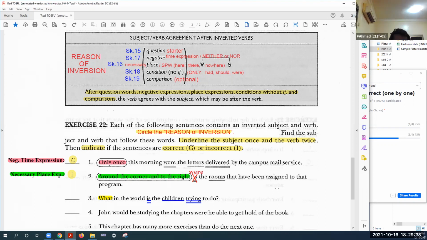So yes, it is incorrect. How do I fix it? Were or are, both work: what in the world are the children trying to do? It depends on the case. And which skill? 15, question starter. Exactly.